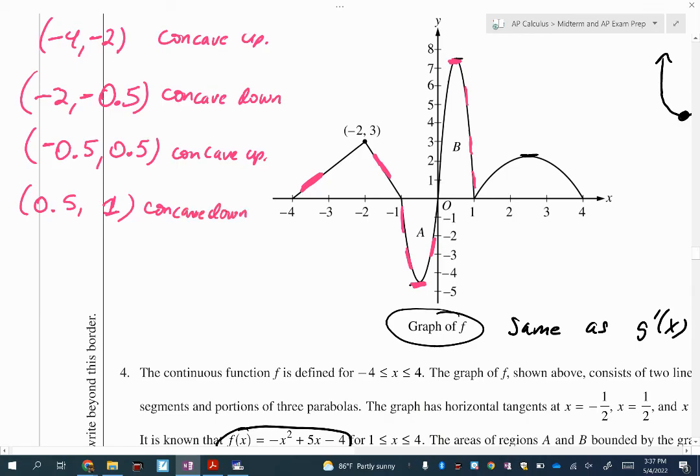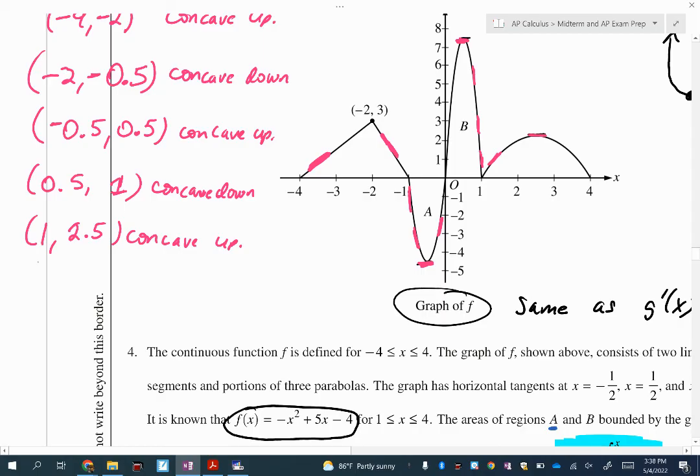Remember, you should be writing this in part C. It's okay. And then here we're back to concave up from 1 until there's another point of inflection. What's that, 2.5? And finally, we're concave down to finish.